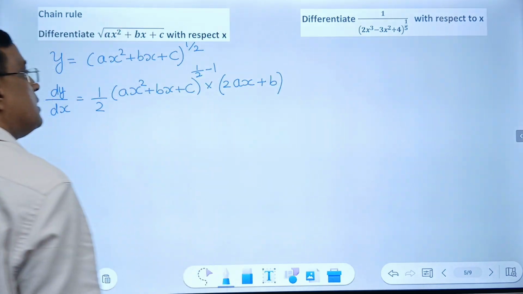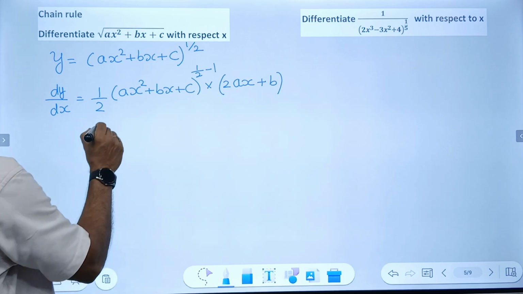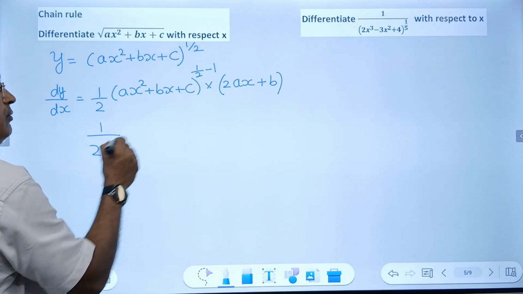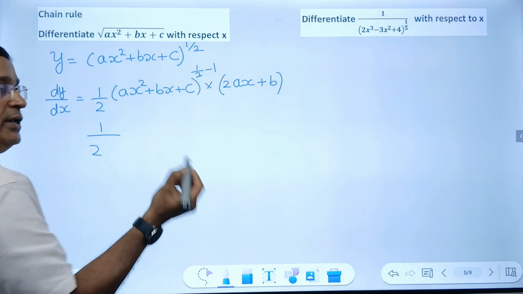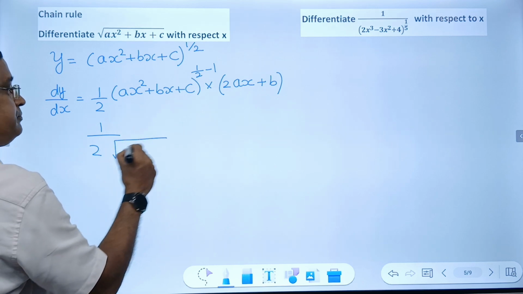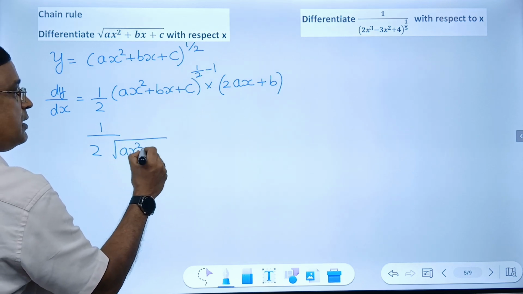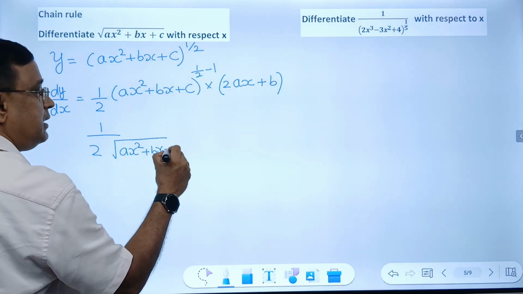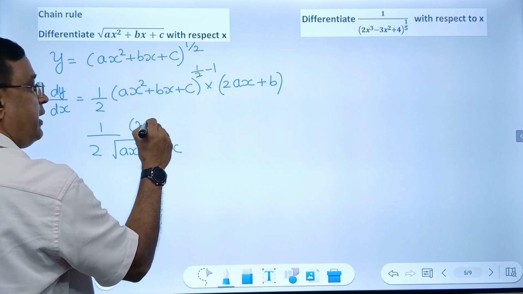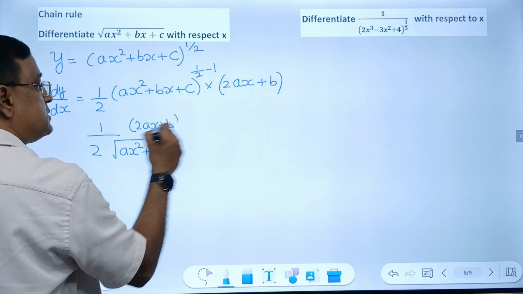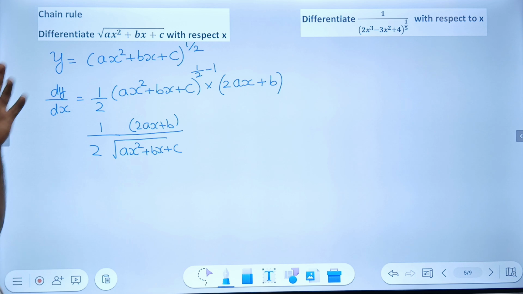So this is the complete differentiation. If you want, you can simplify: 1 by 2, half minus 1 is minus half. You can bring it down: ax square plus bx plus c into 2ax plus b. This is the complete differentiation of this.